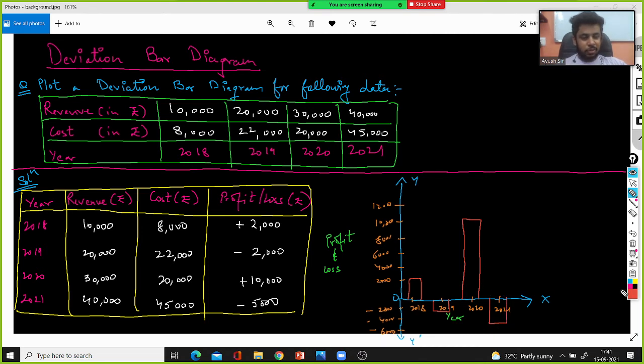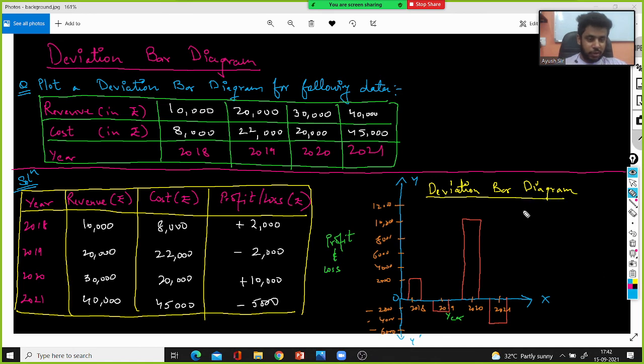So this is how a deviation bar diagram looks like. So here heading डाल देना, deviation bar diagram. This is deviation bar diagram.